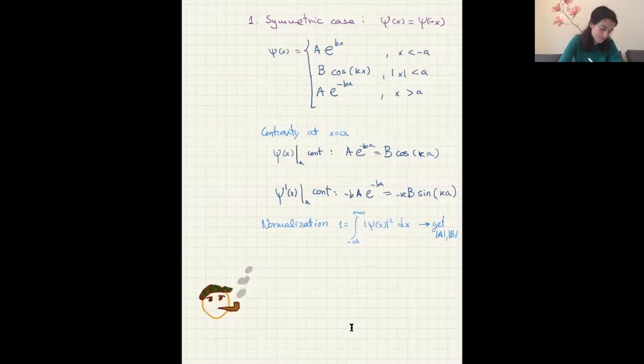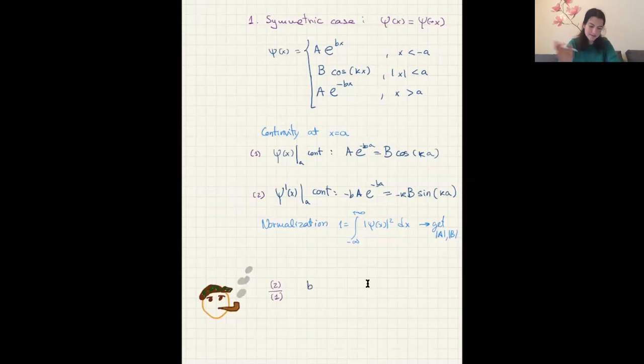What we do with them is call this equation 1, call this equation 2, and divide one by the other. It's not the first thing maybe you think of looking at it, but it's something that works. So we do this, and what do we get?